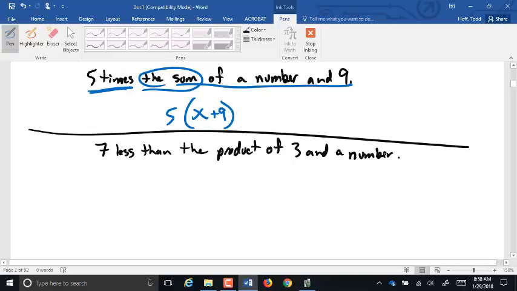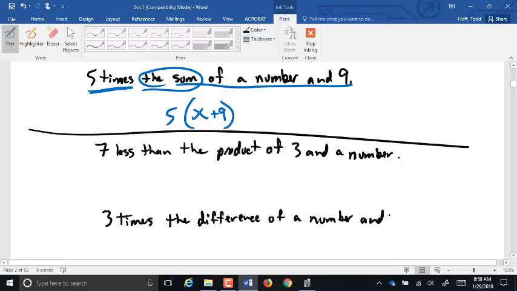Seven less than the product of 3 and a number, and 3 times the difference of a number and 7. I'll give you a couple minutes to work on those and we'll talk about them.